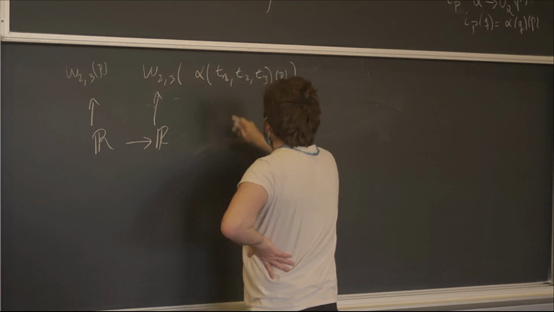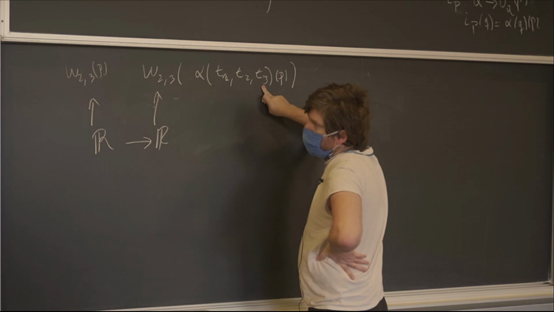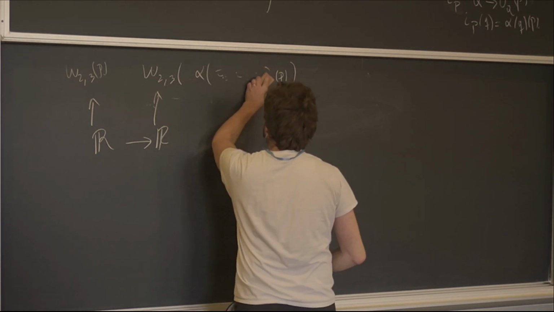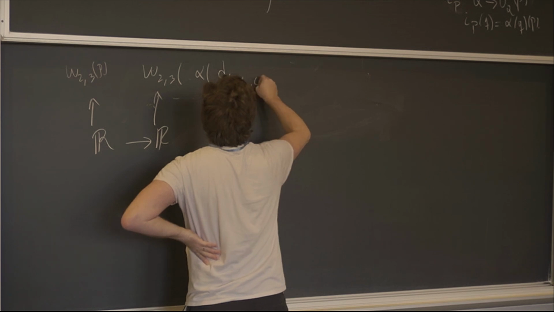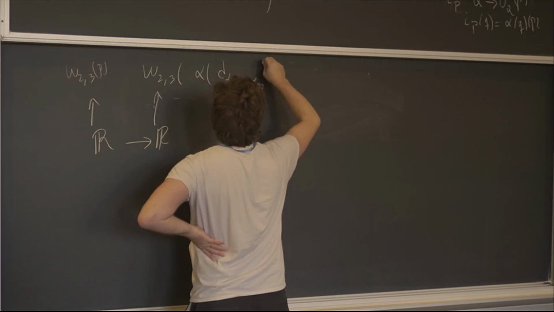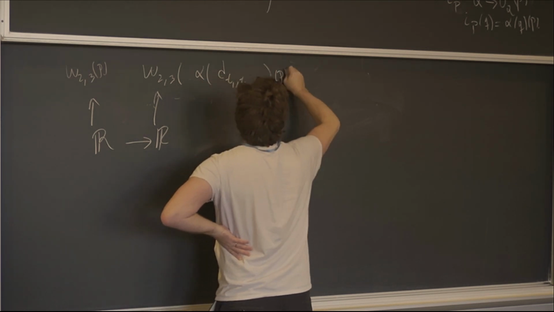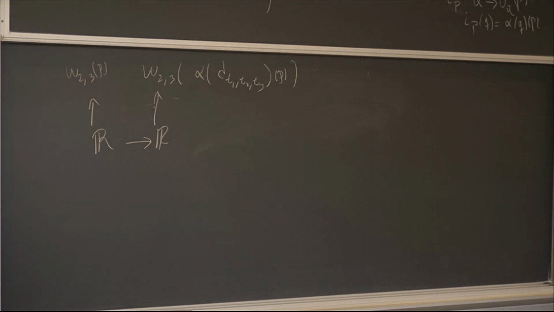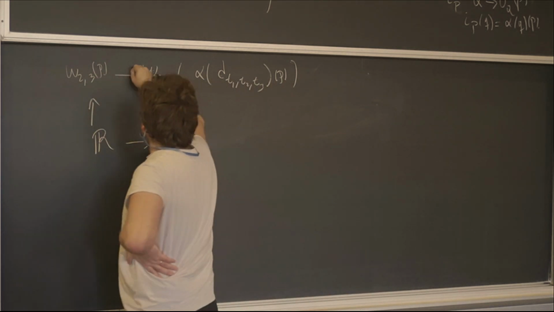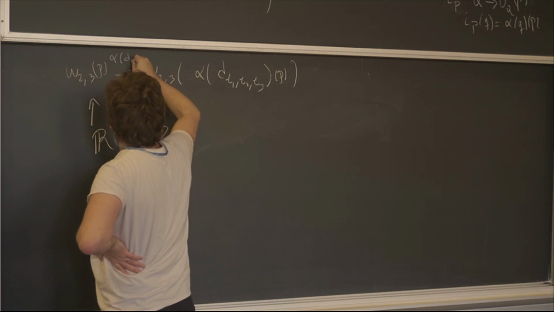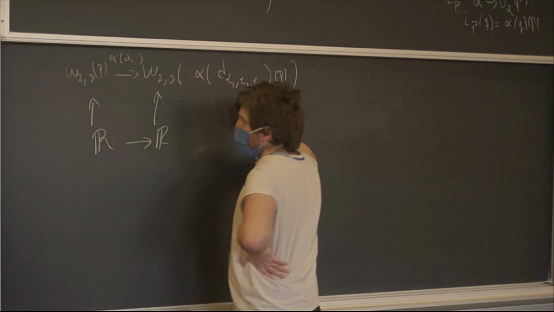of P. And here I'm abusing language. Maybe let's not abuse so much language. Let's put D sub T1, T2, T3 of P. And this is the matrix D T1, T2, T3. So I have this matrix. And here is this alpha of D, blah, blah, blah, maps here to here.